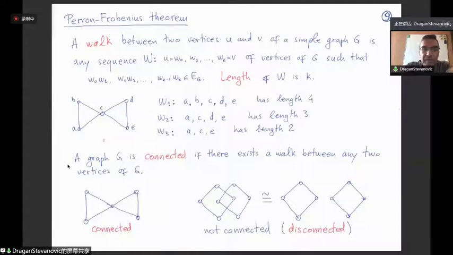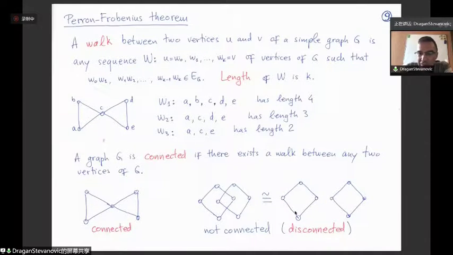Now, we say a graph is connected if there exists a walk between any 2 vertices of G. So not just some 2 particular ones, but there should be a walk between any 2 of them. This bow-tie graph is an example of a connected one, and over here we have an example of a disconnected graph, which is not connected because there is no way to jump from one quadrangle to the other one.